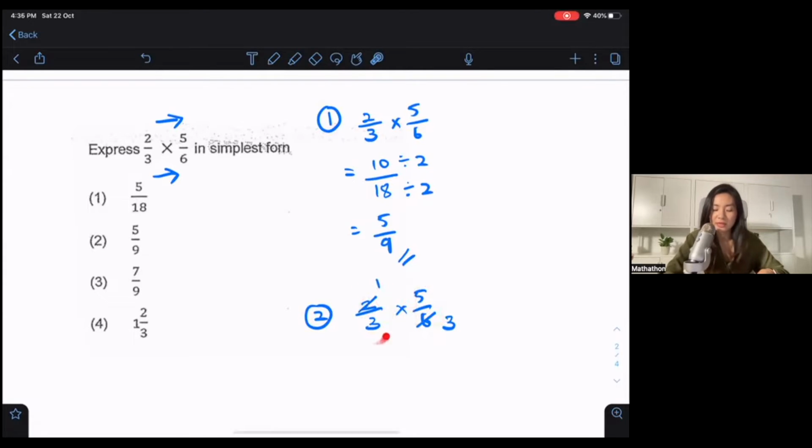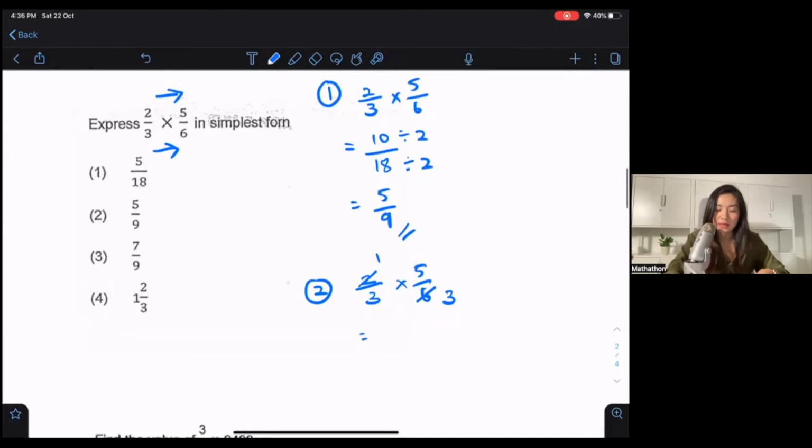I did not cancel vertically because there is no common multiple between the vertical numbers. The only thing that I can cancel in this particular set of fractions is 2 and 6. This is why I got 1 out of 1 and 3 over here. Simplify the answer, you will get 1 times 5 and 3 times 3, which is 9. So in both scenarios, you will get the same answer.